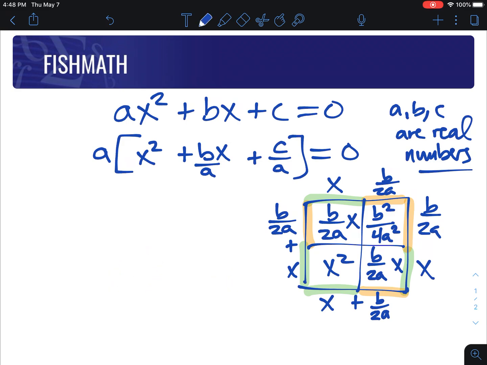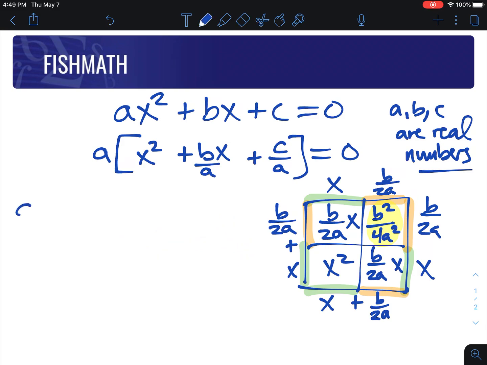Okay, let's take a pause there and make sure it makes sense. So b over 2a times b over 2a is b squared over 4a squared. So what does that mean? Well, it means this is needed to complete the square. That's the missing piece we need in our formula.